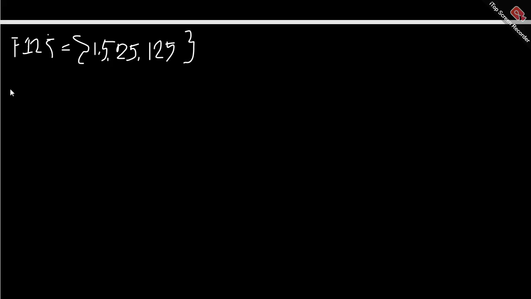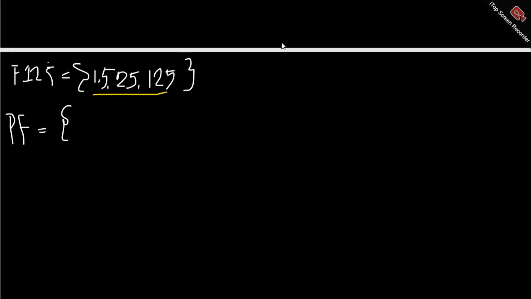The next thing we have to do here is to look for the prime factors of 125. What are the prime factors? It simply means that look inside these factors that we have derived for 125. Choose out the numbers that are prime numbers.